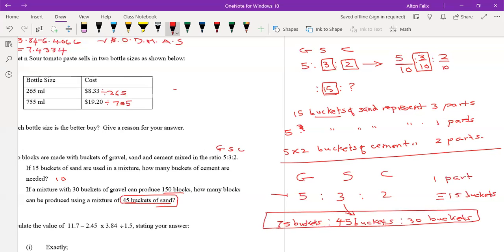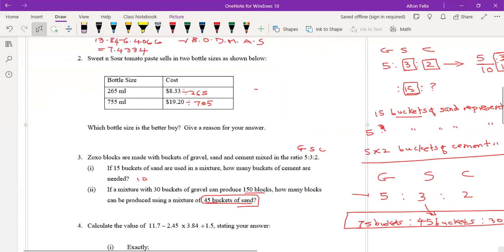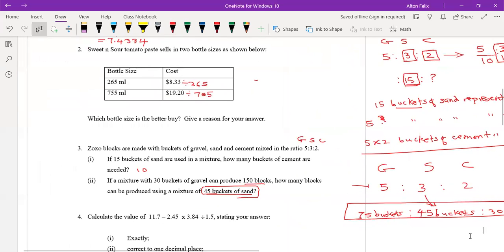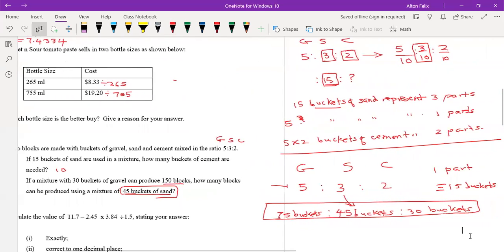Now, why are we saying all of this? Because we need to answer the question. If you're using a mixture having 45 buckets of sand, you will need the equivalent of 75 buckets of gravel. We just calculated that for you.